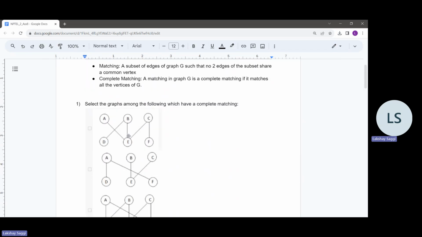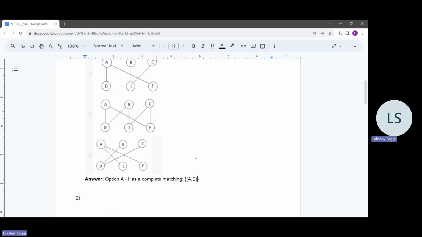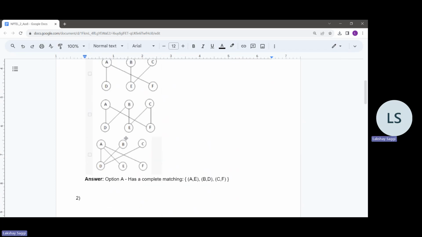The matching contains the edge A comma E, then the edge B comma D, then the edge C comma F. AE, BD, and CF. So these are the three edges, so it's a complete matching. So let's look at option B now.